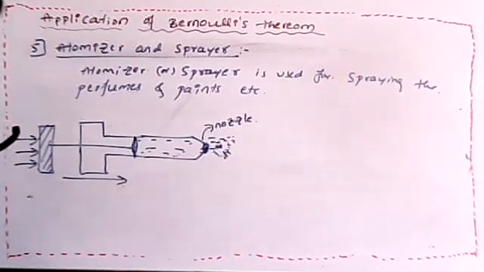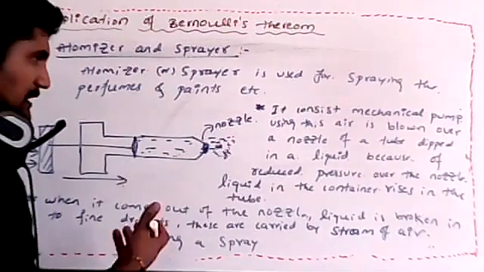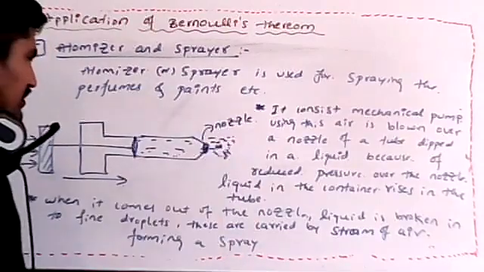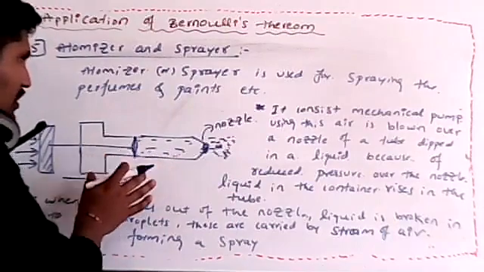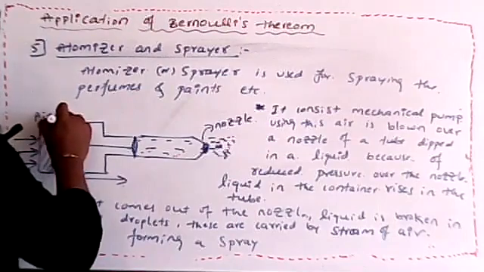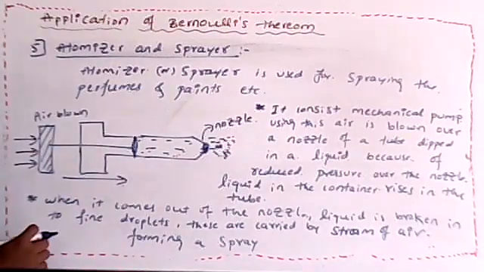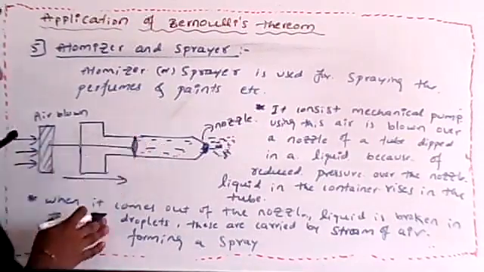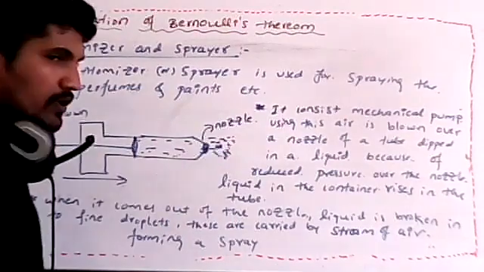We will see the important points. Let me note here. Students, remember, in the atomizer and sprayer, what I explained, the same thing I have written here in a few points. It is a mechanical pump which uses an air blower. When we apply this air blower, the pressure will be equally distributed over the volume of the liquid.